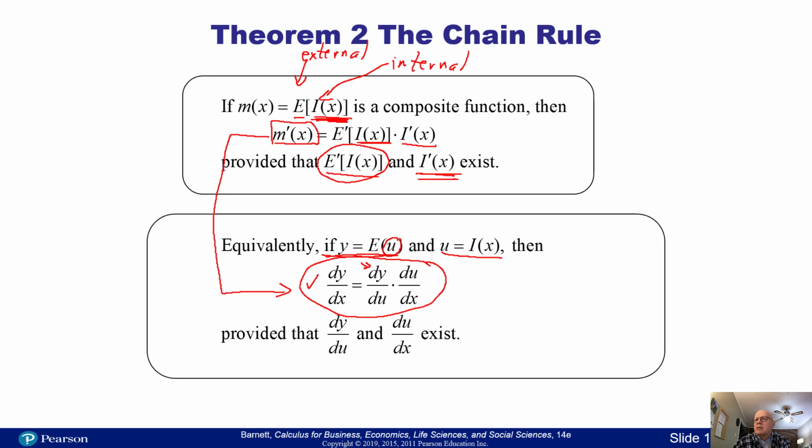That's what you want. If you look at what's on the right-hand side, notice that there's a du and a du. If you cancel those out, if you could, and you can, what would you get? You'd have dy dx. This is just another way of getting dy dx, assuming that both of these actually exist.